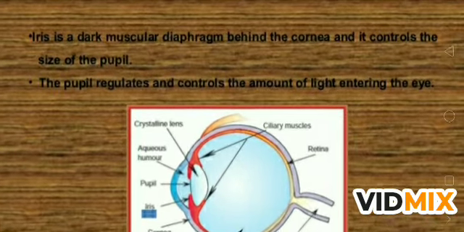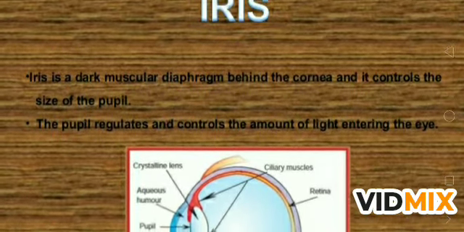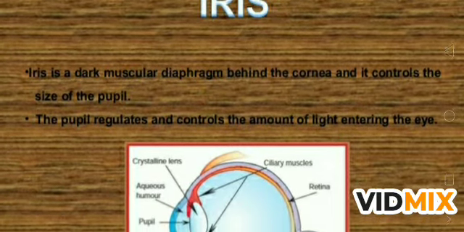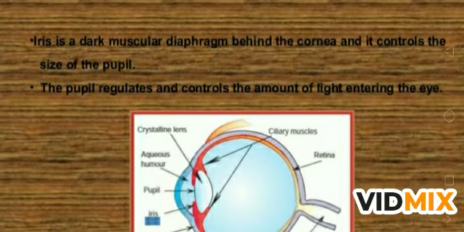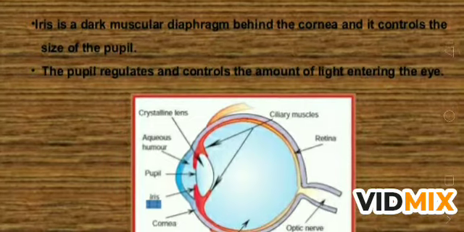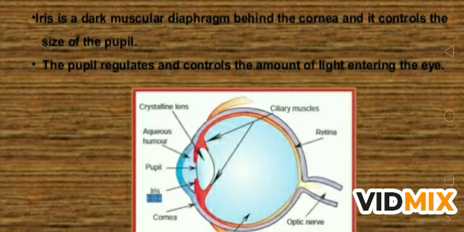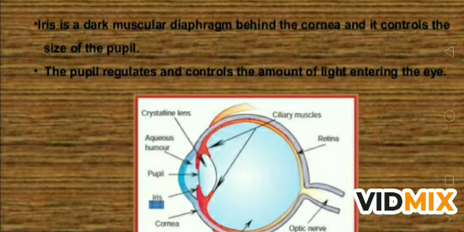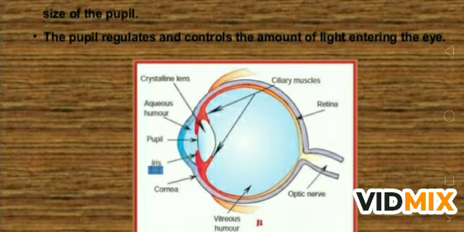Iris is the next part of the human eye. It is the dark muscular diaphragm behind the cornea, and it controls the size of the pupil. And the pupil regulates the amount of light entering the eye. If you see the eye in a mirror, or the eye of a friend, that smallest part in the middle of the eye is called pupil, and around the pupil the colored part of the eye is known as iris.